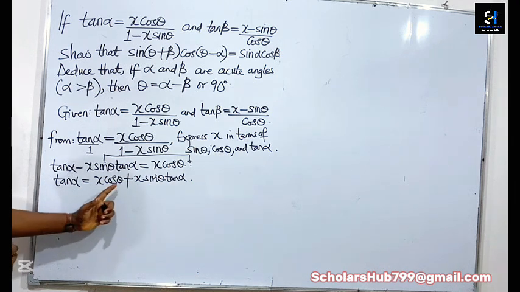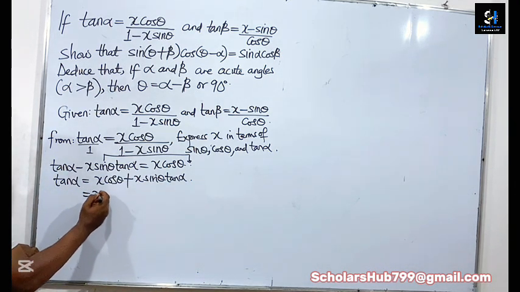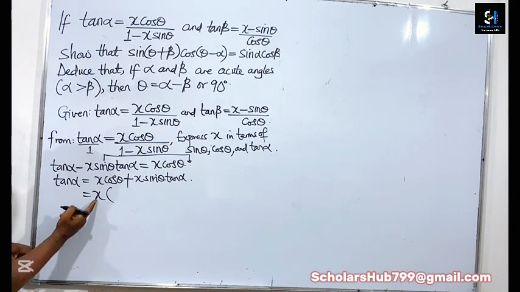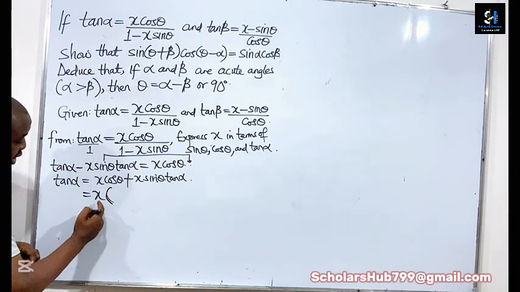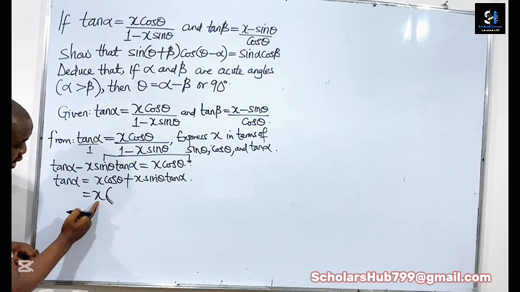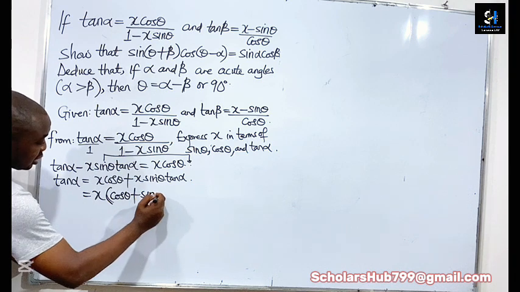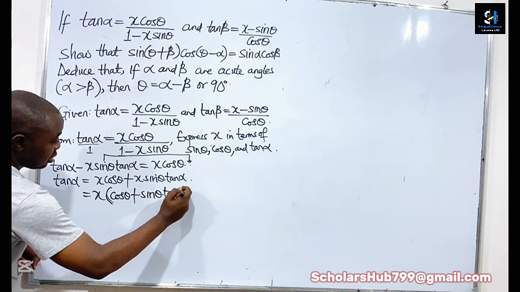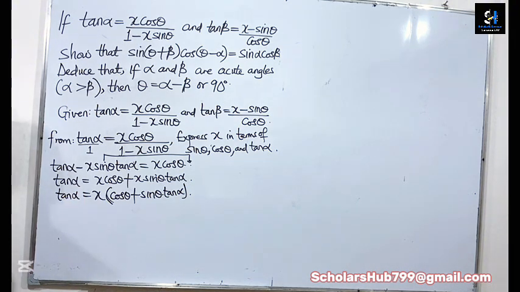Nice. So now x is common on the right hand side, which means by factoring out x, it will be x in parentheses cos theta plus sin theta tan alpha, and this will be equal to tan alpha.